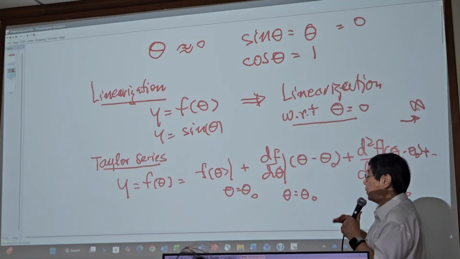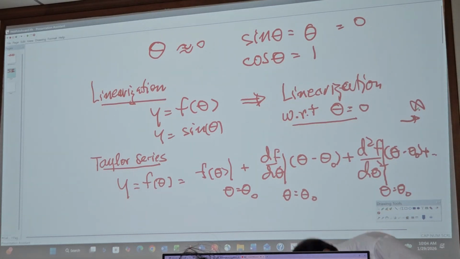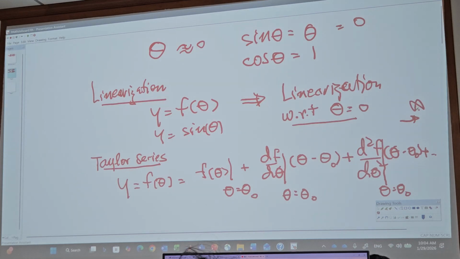So if you want to linearize this one, you just assume everything above first order will be 0.